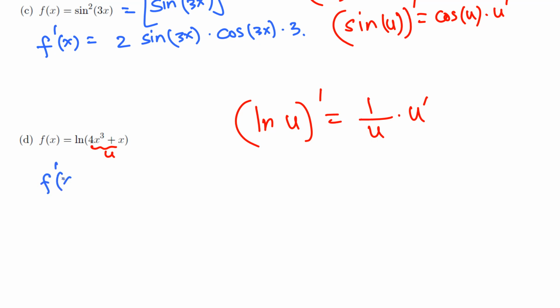The derivative is 1 over 4x cubed plus x, times the derivative of this inside function: 4x cubed gives 3 times 4, 12x squared, plus, so it's a quantity in fact, and the derivative of x is 1. So this is on the top, by the way: 12x squared plus 1 is on the top, all over 4x cubed plus x. Do not try to simplify. Final.